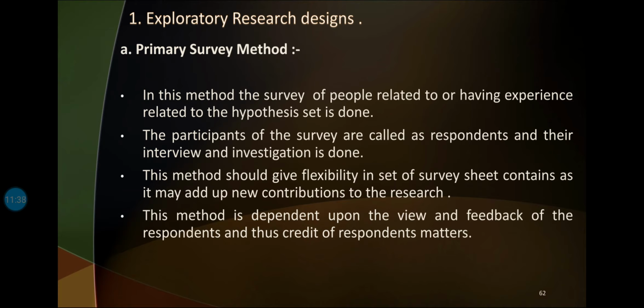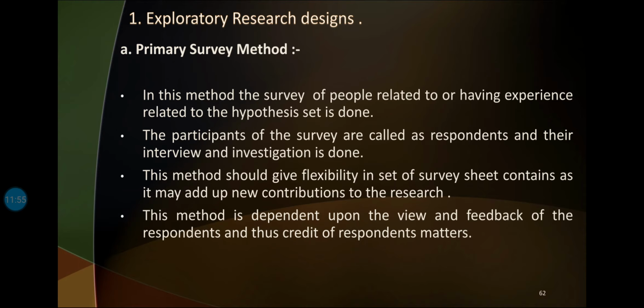It should be concerned with your work. Suppose you want to do the construction of a building and you want to find out the efficiency of a mason, then your respondents can be the civil engineer, contractor, or mason himself.